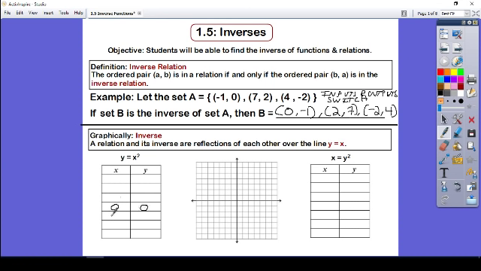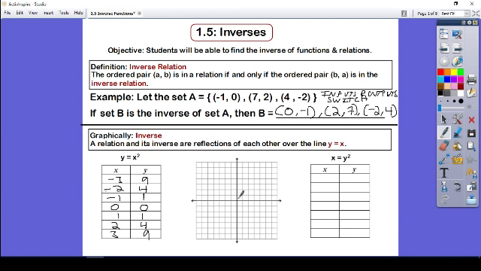Now let's look at our different numbers. 1 squared is 1, and -1 squared is also 1. 2 squared is 4, and 3 squared is 9. But -2 squared is also 4, and -3 squared is 9.